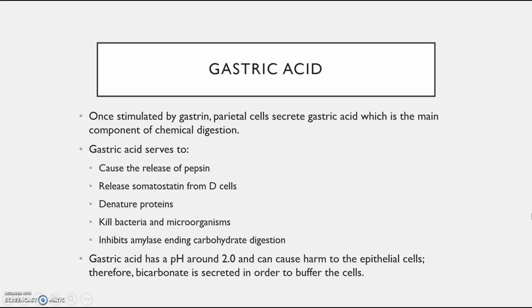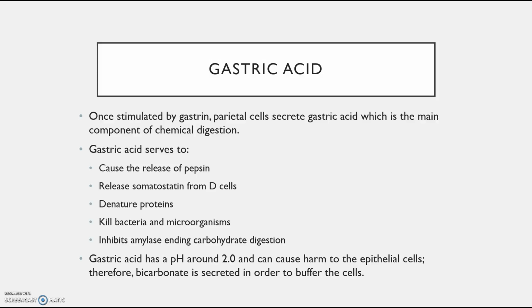So once the parietal cells are stimulated by gastrin, they secrete gastric acid. Gastric acid has many functions. One of the functions is it causes the release and activation of pepsin, which is what breaks down proteins. It triggers somatostatin, which eventually is the negative feedback loop that ends the gastric acid production.